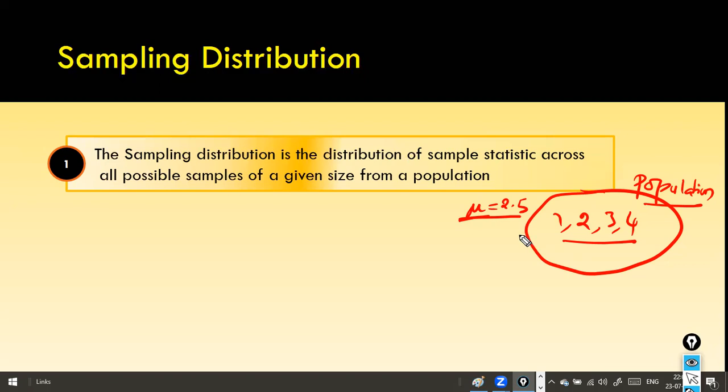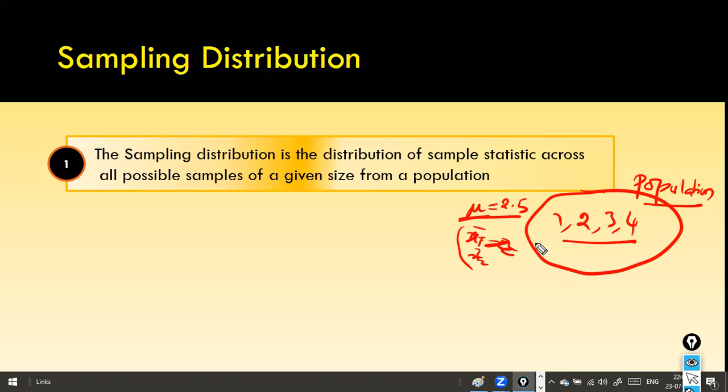So let's say I want to draw multiple samples, and each sample size is 2. I want to draw as many samples as possible. How many possible combinations of samples can we draw, given that each sample size is 2?